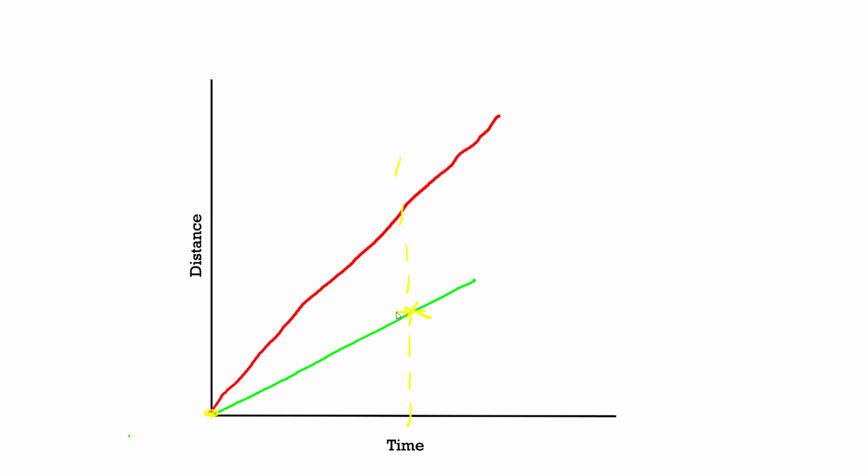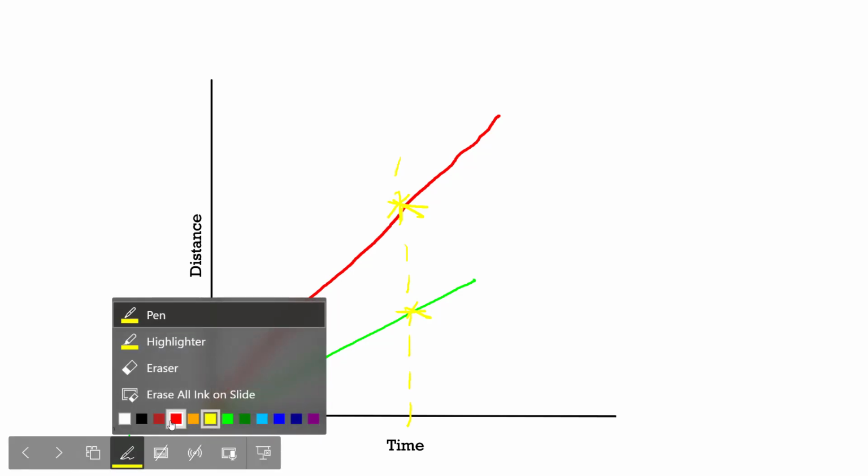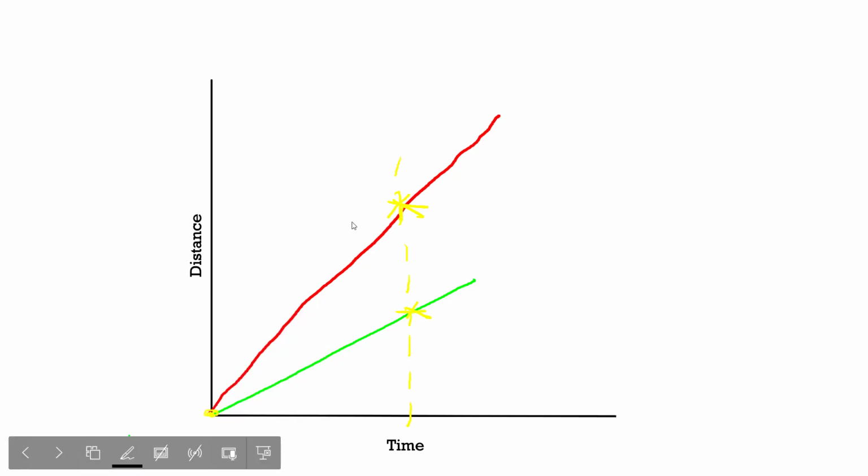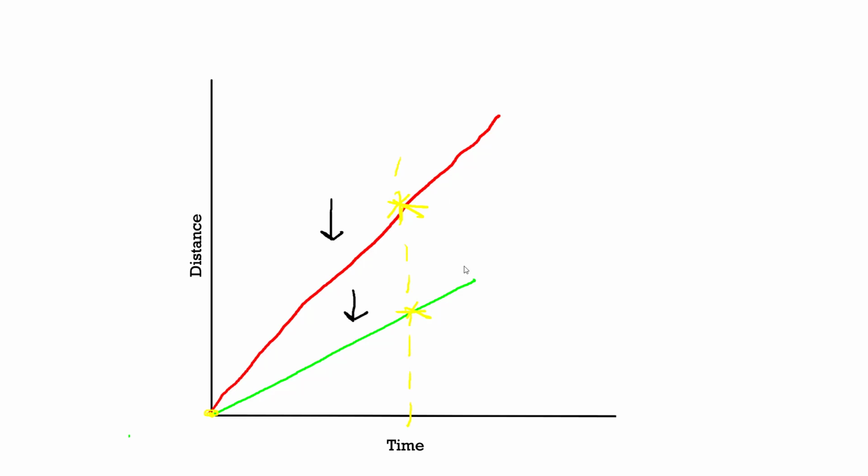I'm closer to where I started on this line, and I'm further away from where I started if I do this line, which tells us about the information that the line gives us. So our red line is steeper, meaning it's going up sharper and faster than our green line. And that means the red line is showing us a higher speed.